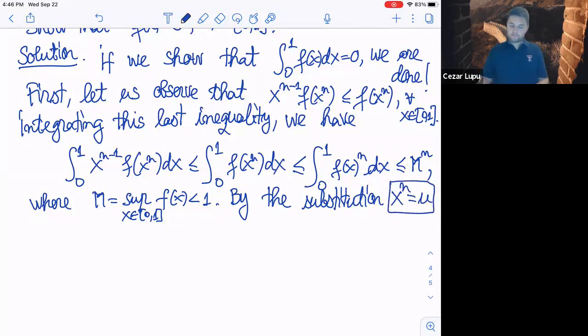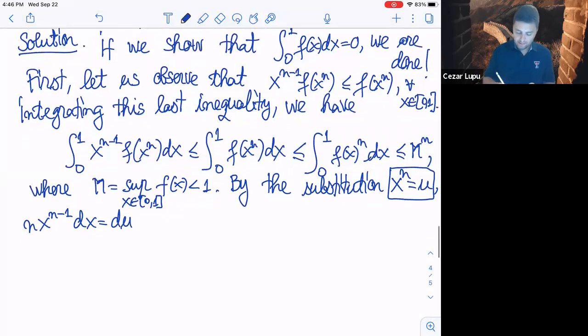What do we get? We have that n x to the power n minus 1 dx will be du. That's exactly what we need.